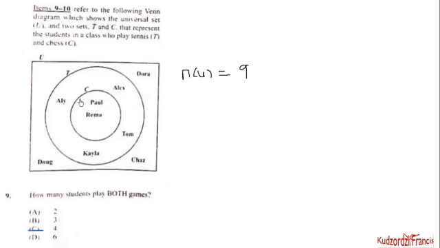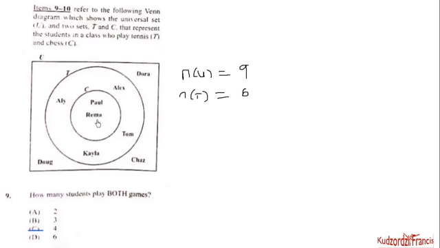Then number who play only tennis will be equal to 1, 2, 3, 4, 5, 6, which is 6.